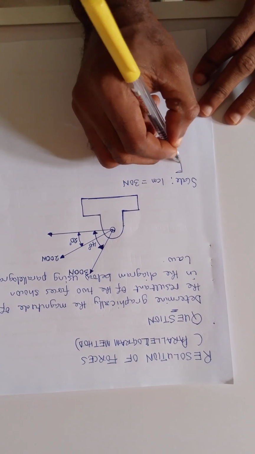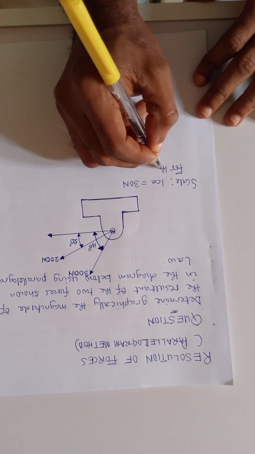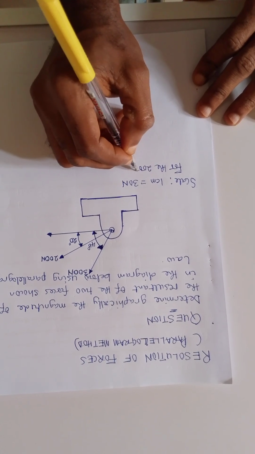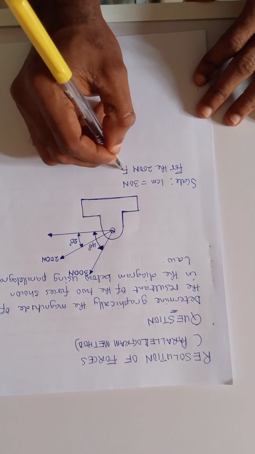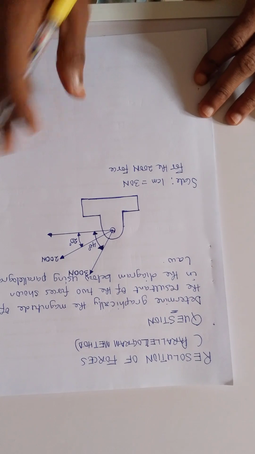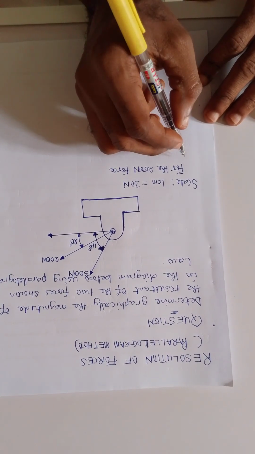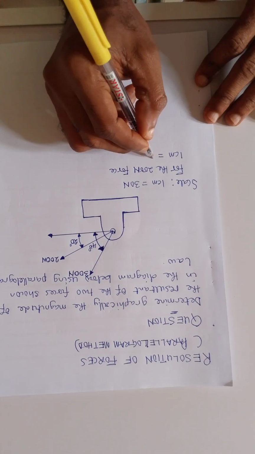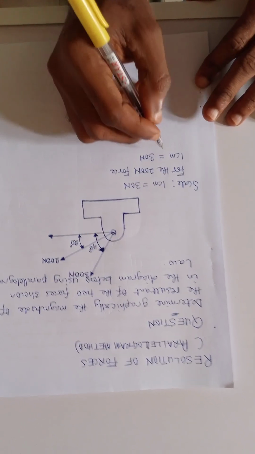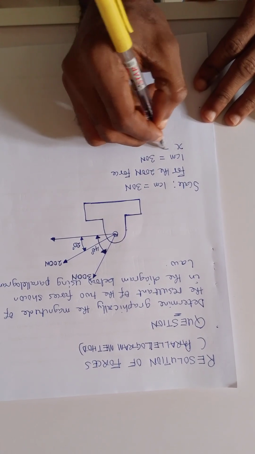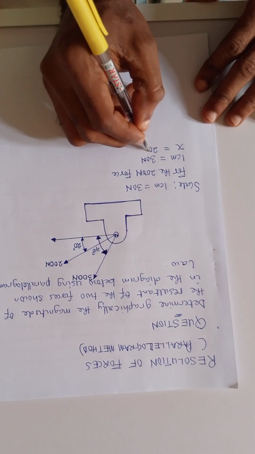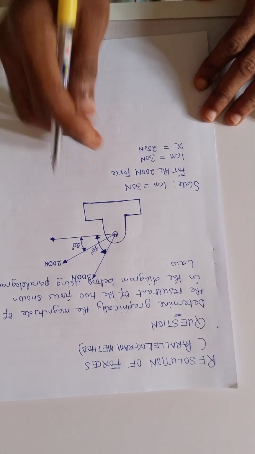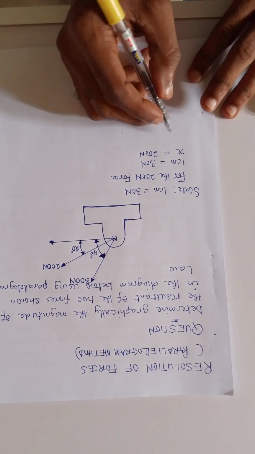We say for the 200 Newton force, we have that 1 cm equals 30 Newton, so x will be equal to 200 Newton, since we are considering the 200 Newton force.